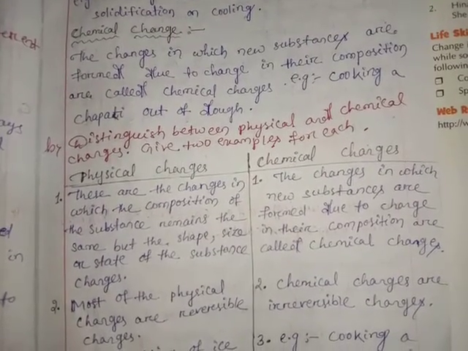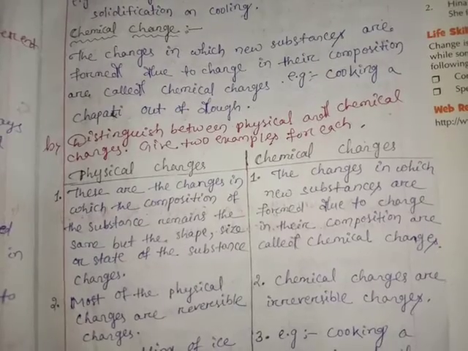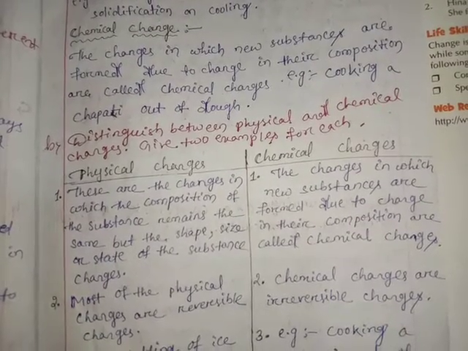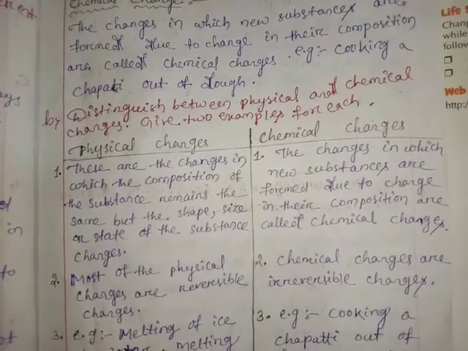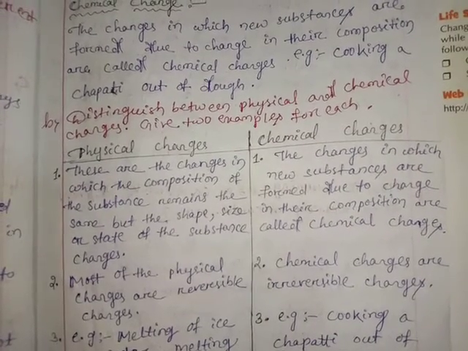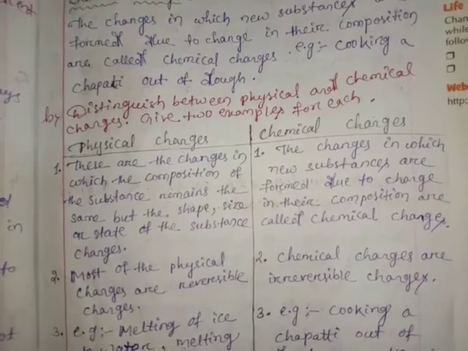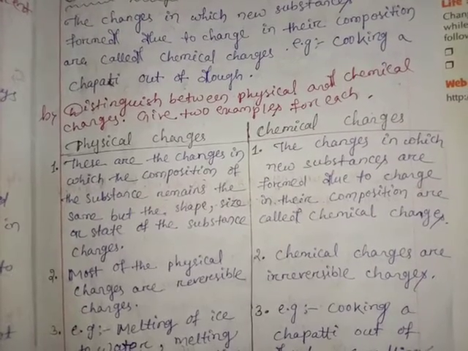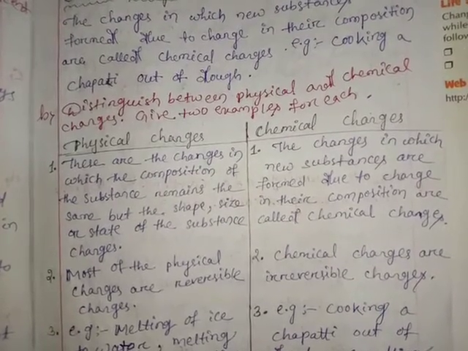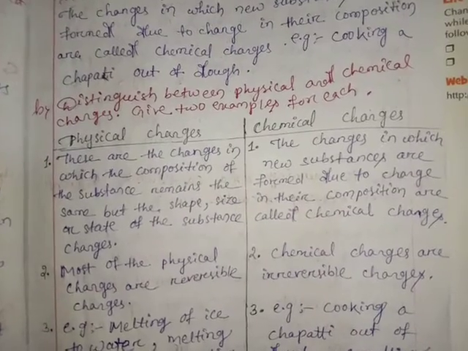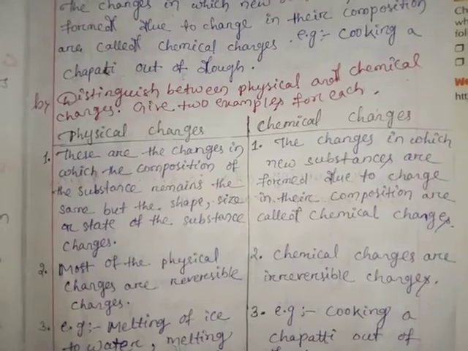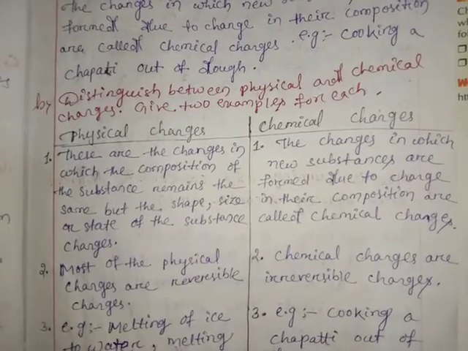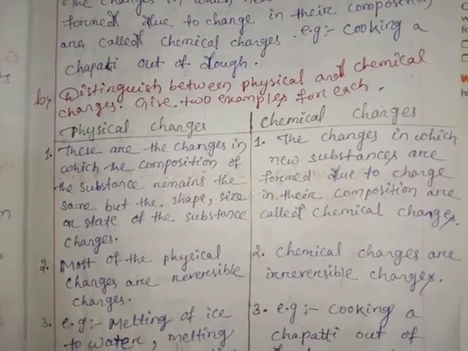Then number B, distinguish between physical and chemical changes. Give 2 examples for each. Physical changes are the changes in which the composition of the substance remains the same but the shape, size or state of the substance changes. But chemical changes are the changes in which new substances are formed due to change in their composition.